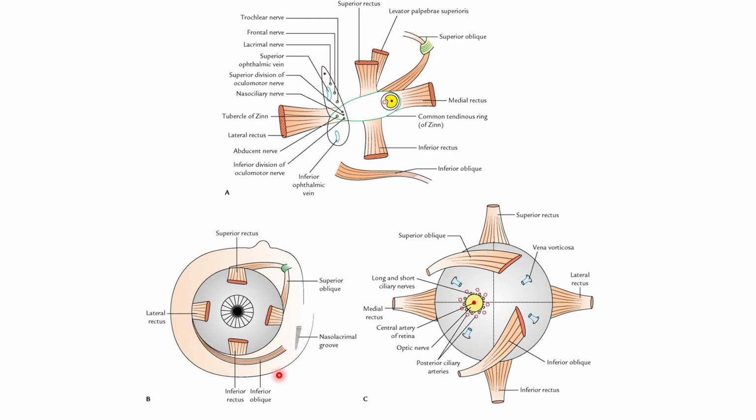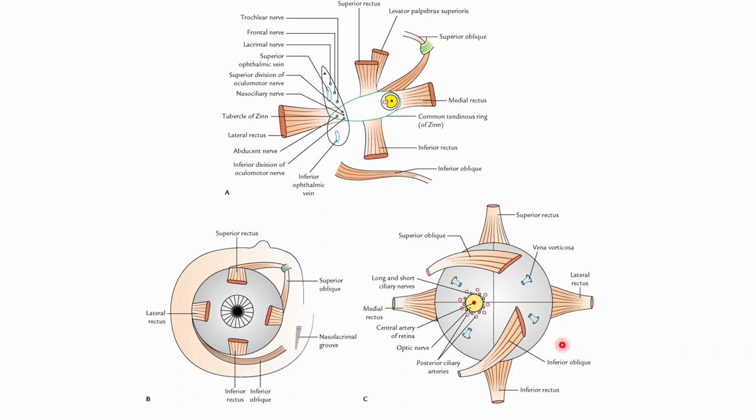This is the anterior view where we can make out the insertion of all four recti just behind the sclerocorneal junction, the nearest of which is the medial rectus. We can also make out the superior oblique passing through the pulley.